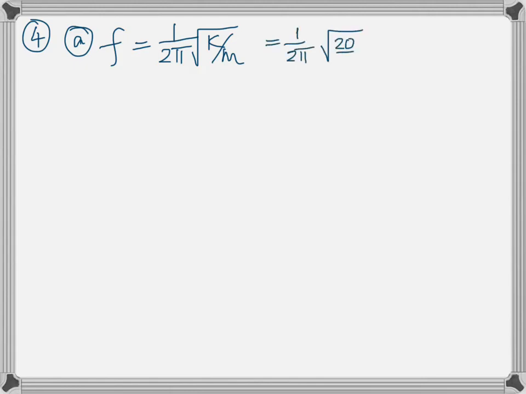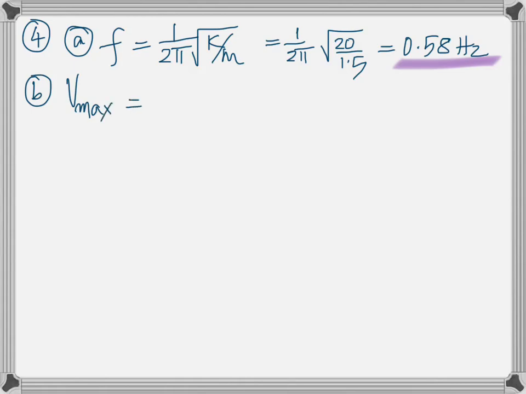In number 4, frequency is 1 by 2 pi square root k by mass. K is 20, mass is 1.5, so you get the frequency. You got to find the maximum speed, which is a omega, in the B part.